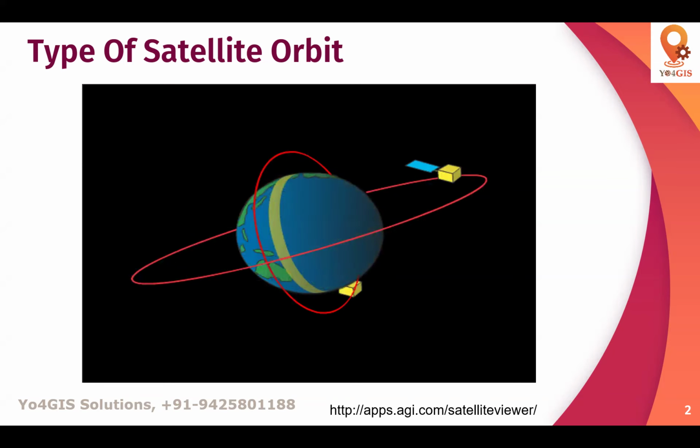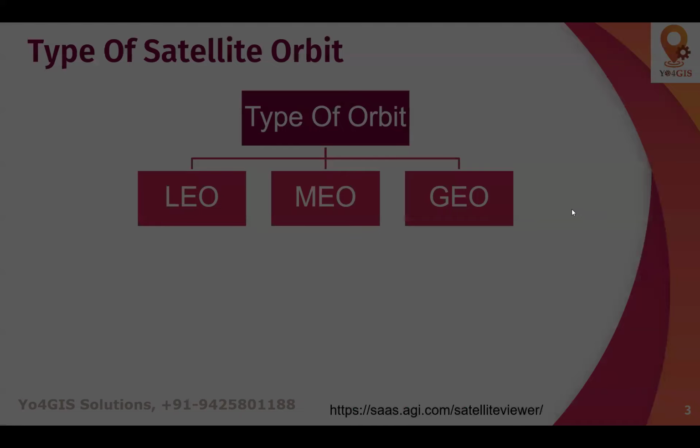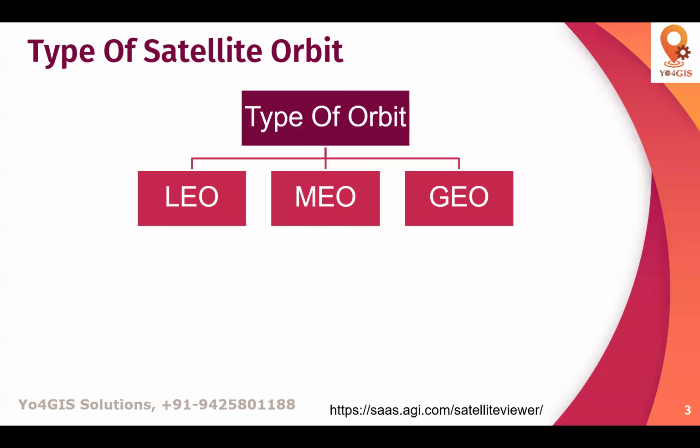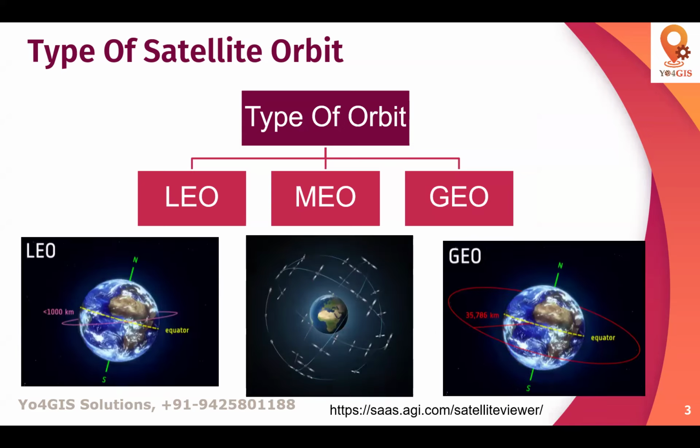So, the orbit which all the satellites are following. Based on the orbit, how many types of satellites do we have? We have three types of satellites: LEO, MEO, and GEO. Low Earth orbit, medium Earth orbit, and geostationary orbit.